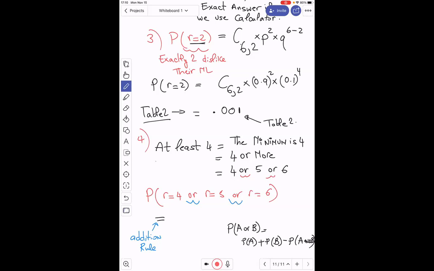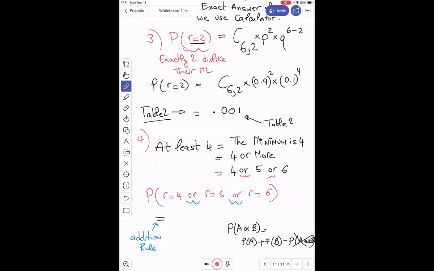The thing is here, guys, R equal to 4 and R equal to 5 is impossible, because R cannot be equal to two different values.